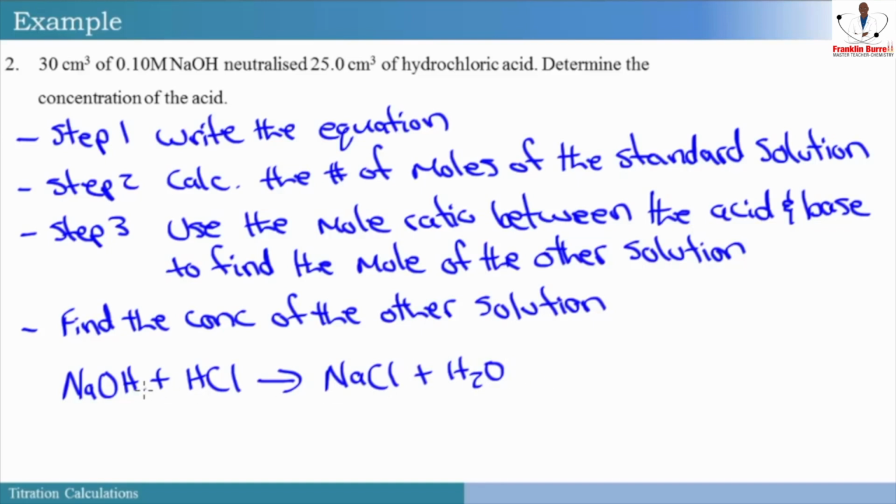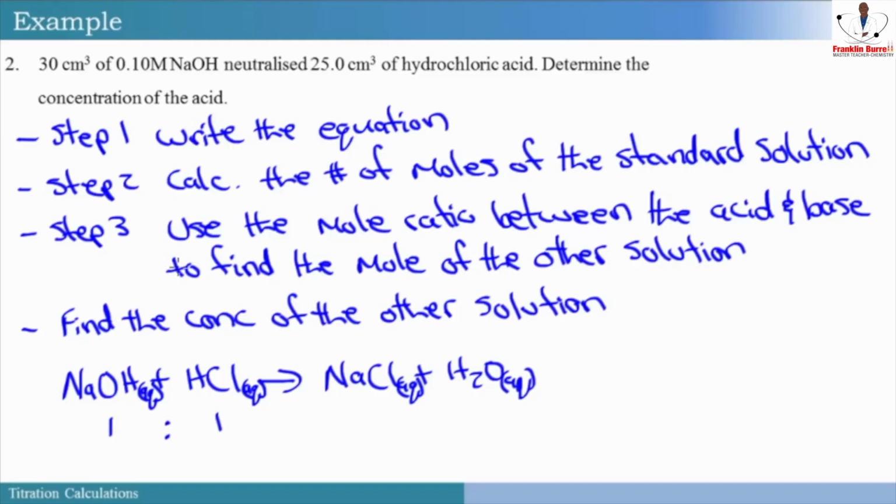Put in your state symbol, aqueous, aqueous, aqueous, aqueous. You would realize that this equation is already balanced. So the mole ratio between sodium hydroxide and HCl is 1:1.